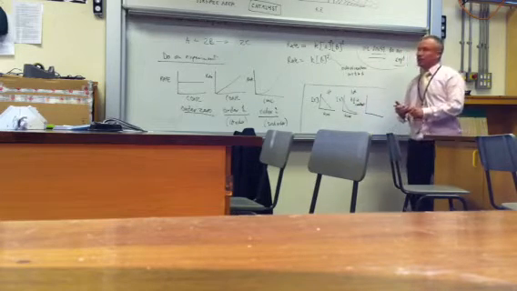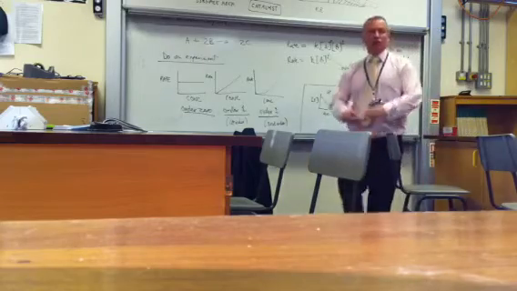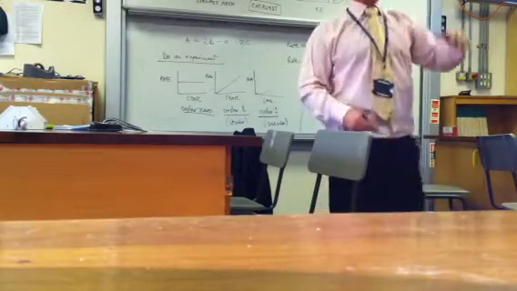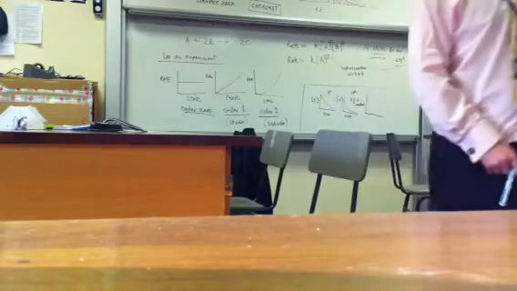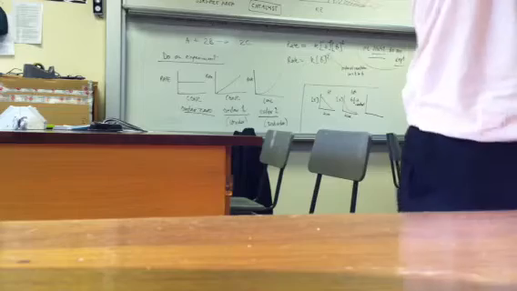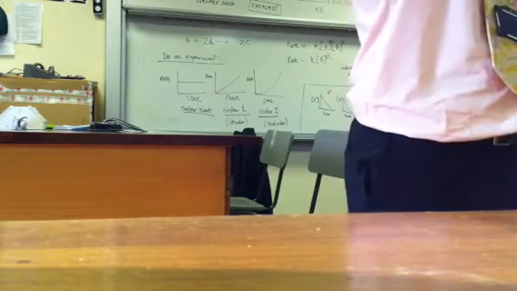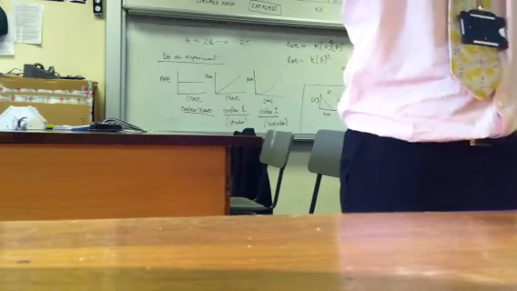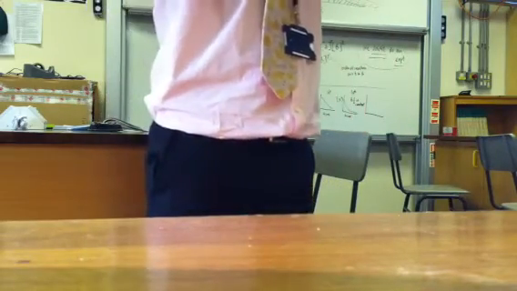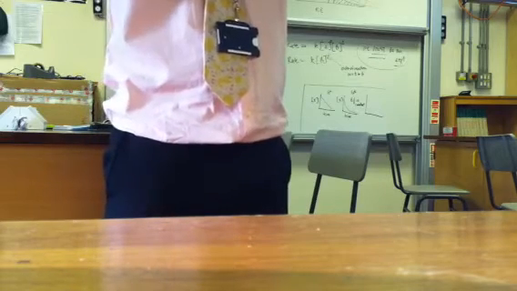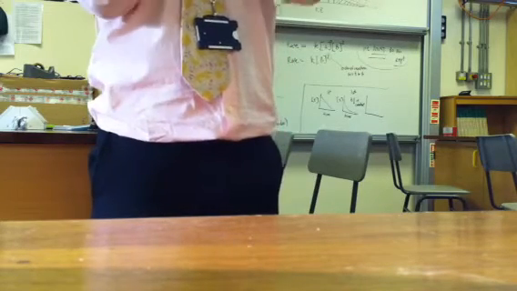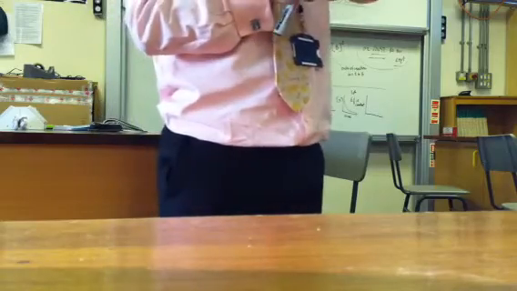Now, what do I mean? Well, all I mean is if you take the concentration, let's say the graph starts at 1 molar, and you take the time it takes to get to 0.5 molar, supposing it's 25 seconds. And then you take the concentration at 0.5 and the concentration at 0.25, because the concentration is halved again, and you measure the time it takes to get from 0.5 to 0.25, and you find it's 24 seconds.